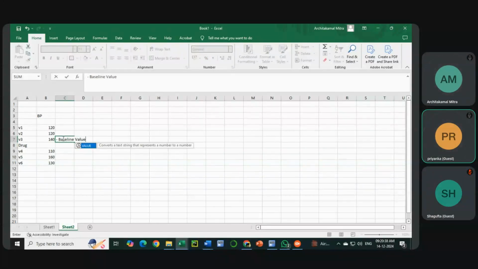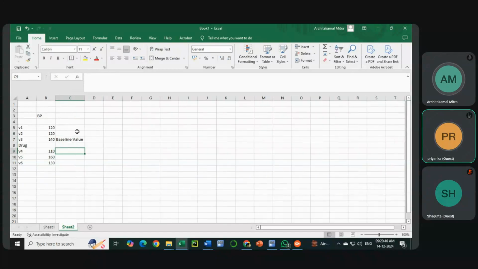Tell me one thing, if this is the baseline value, let me put the baseline value here as well. We have considered this as the baseline value, so this will be 140, this will be 140, this will be 140. Now what will be the change from the baseline?